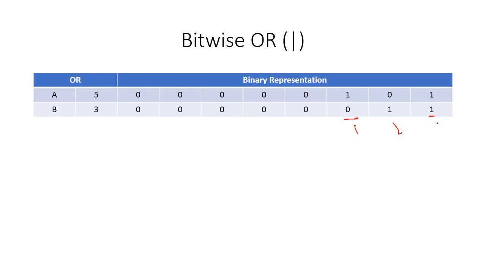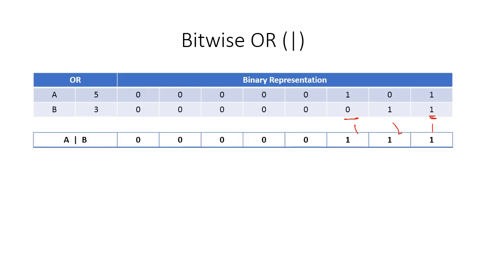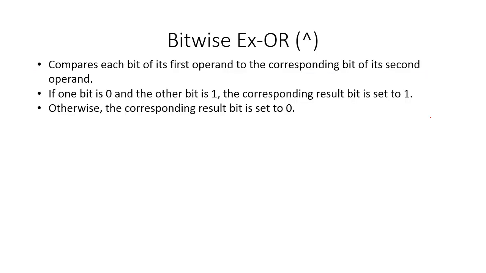But when you perform the ORing, 1 OR 1 is 1. This is the difference when you compare it with the addition of two bits. 1 OR 1 is 1. It is not 0, right? Okay, clear? So what is it in decimal? It is 7. Clear? Right.